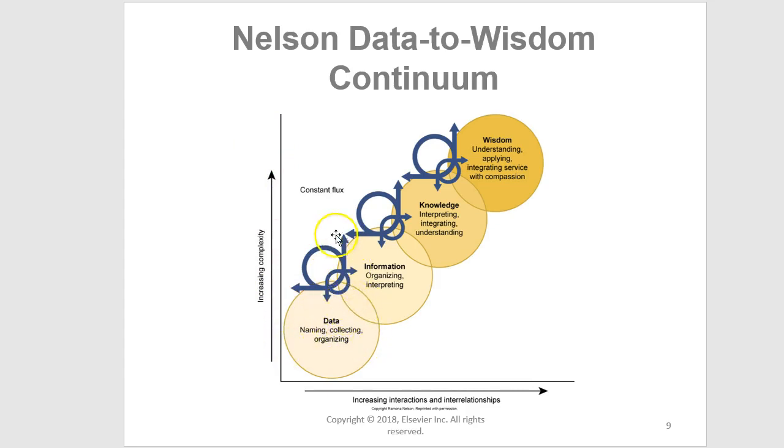So she has also added these little feedback loops. So going from collecting a piece of data, and then determining or making information of it rather, and then back and forth all the way through this continuum. So that's just one way she's tried to describe this as well.